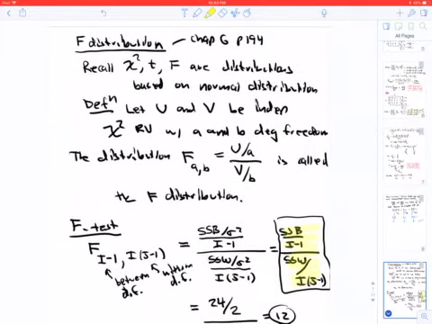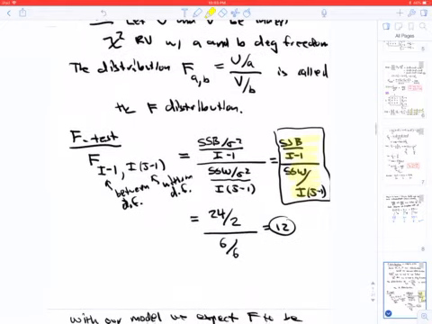So we need to introduce the F distribution from chapter 6. F is defined as the ratio of two independent chi-squares divided by their respective degrees of freedom. And that's exactly what we have here.